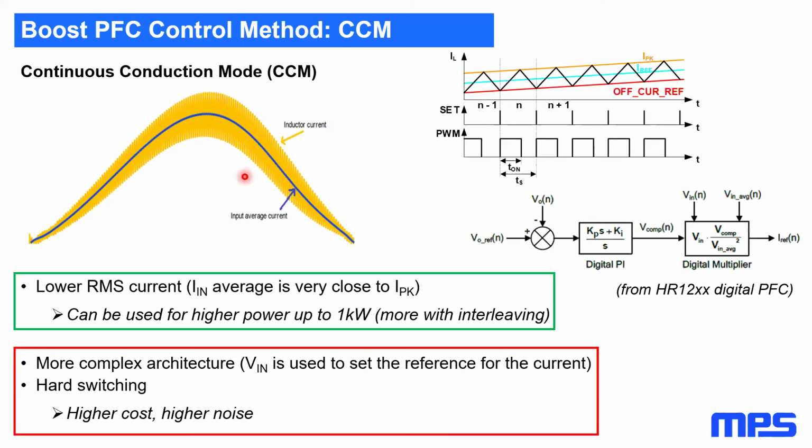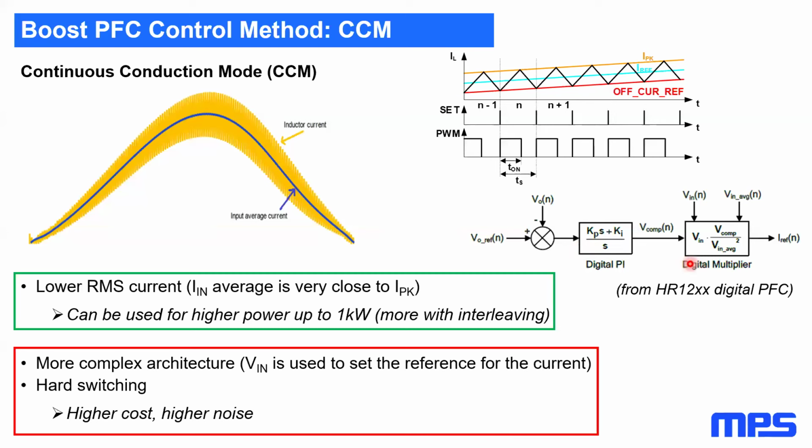As I said, because we now need to create that reference for the current, there's more complex treatment, and the architecture of the IC itself tends to be more complex. For example, here I give an example from the HR12XX family from MPS. In this case, it's a digital PFC, but it doesn't matter.